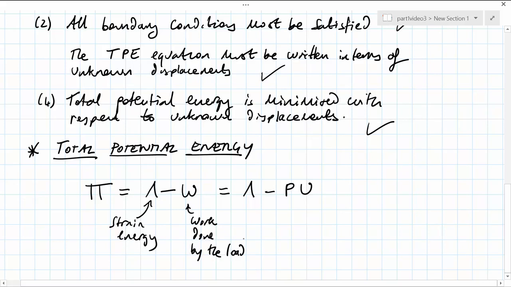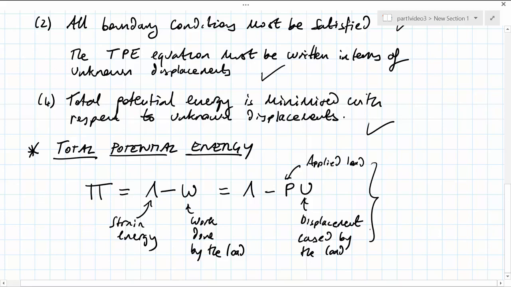And then we say that W is equal to P times U, where P is the applied load and U is the displacement caused by the load. It's important to note that the applied load and the displacement caused by the load both operate in the same direction.